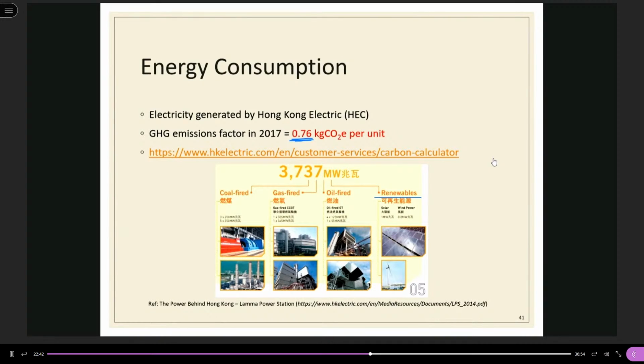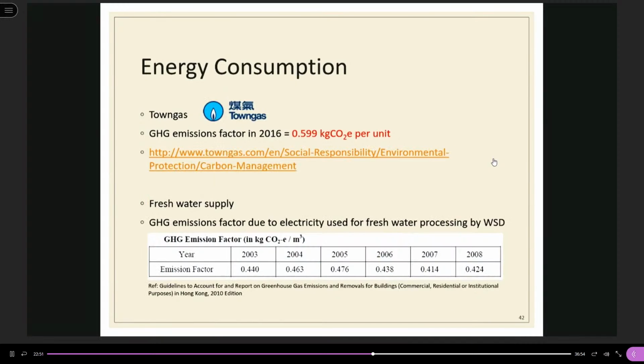They have wind power and solar power, but this is only a very small percentage. And town gas, 0.599 kg carbon dioxide equivalent per unit.